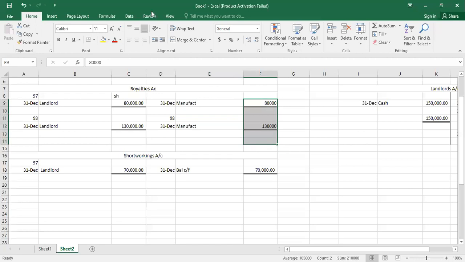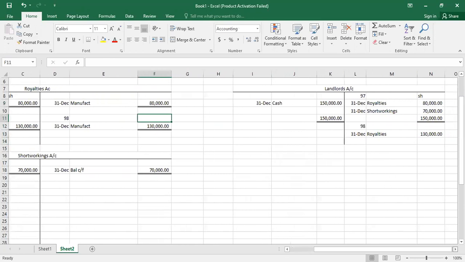My machine is pixelating. Yeah, very well. We've closed the royalties account for that particular year.